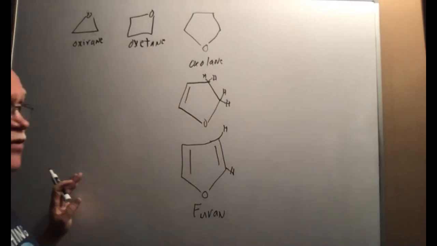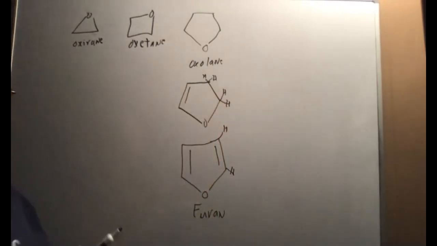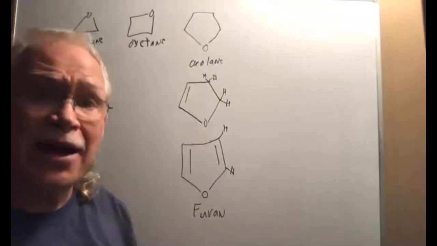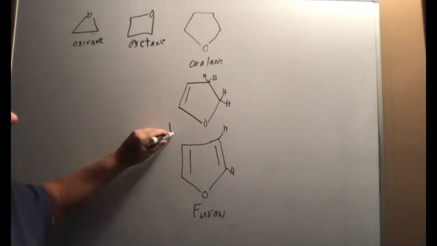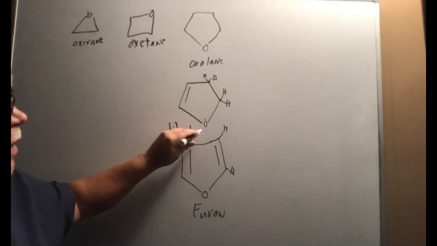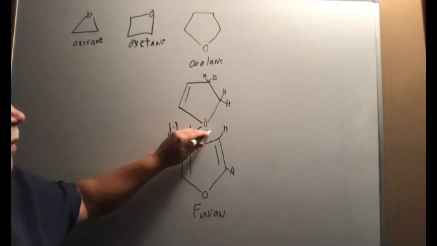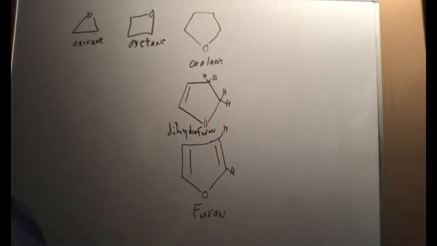And notice what we've done. To go from here to here, what have I done? I've added two hydrogens. So this compound is called dihydrofuran because we have taken furan and added two hydrogens to it.